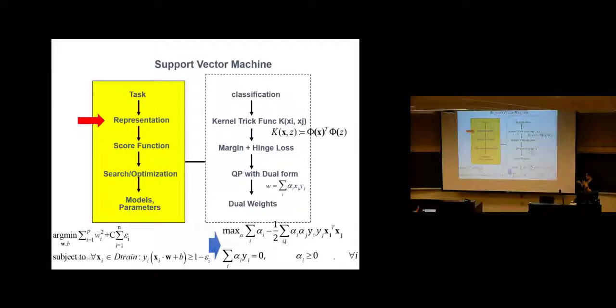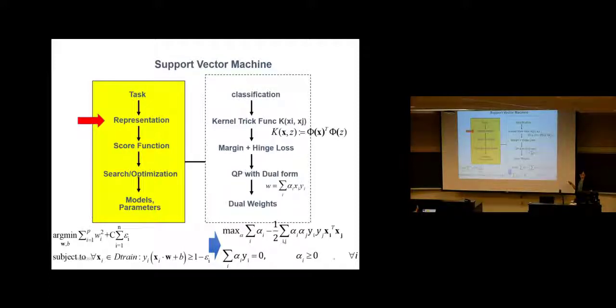This is the nutshell of SVM. Last time we covered half of the basic optimization formulation, but not exactly this formulation here. Next time I will cover how the C got introduced in this optimization formulation.